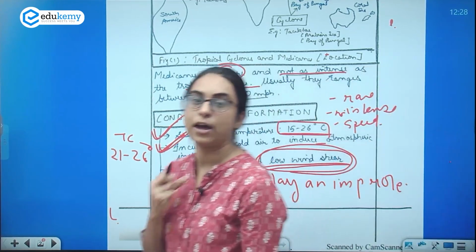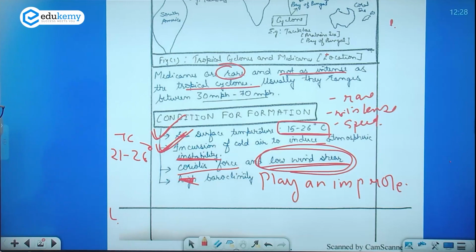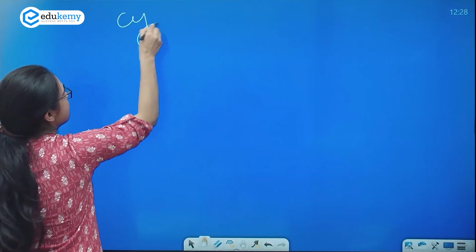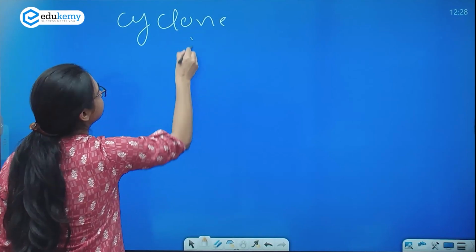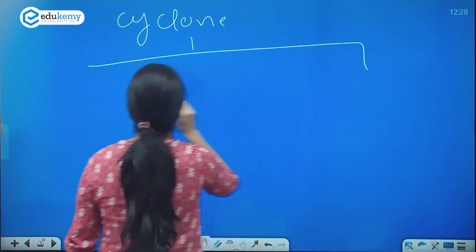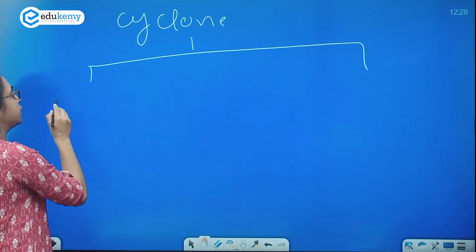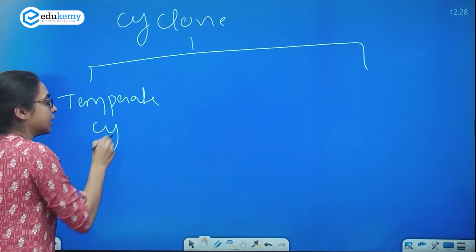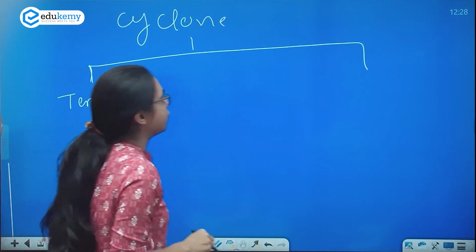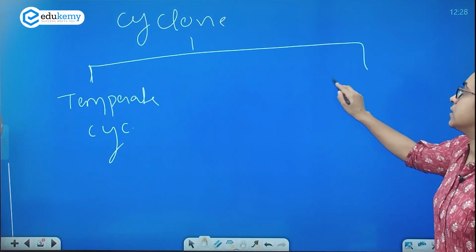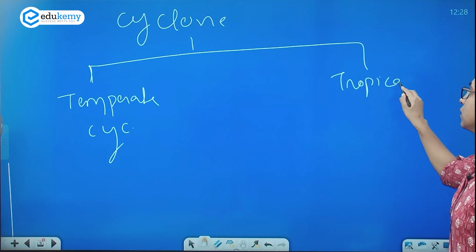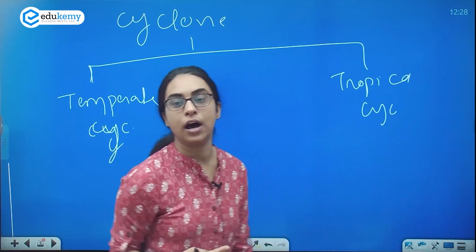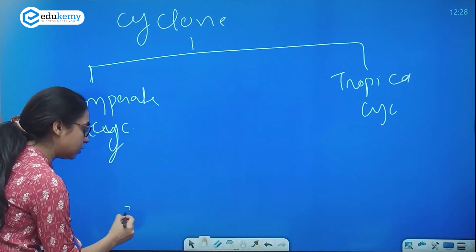What is baroclinicity? When we mention any type of cyclone, if this is the temperate cyclone, and if this is the tropical cyclone, these systems are tertiary systems.